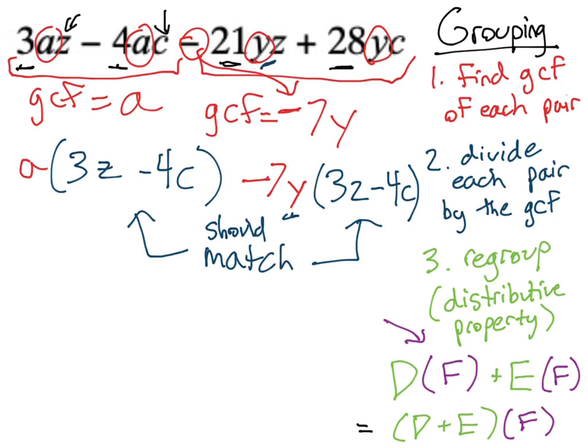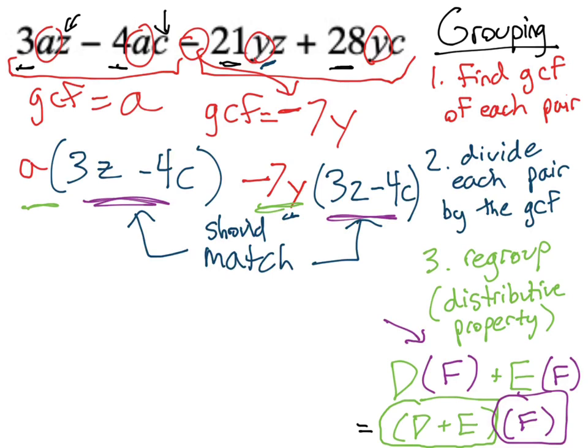So in the distributive property, if we have the same thing that's being multiplied by two different things, we can rewrite that by multiplying those two terms times that common term, putting the two terms that we had outside of the parentheses together into one factor.